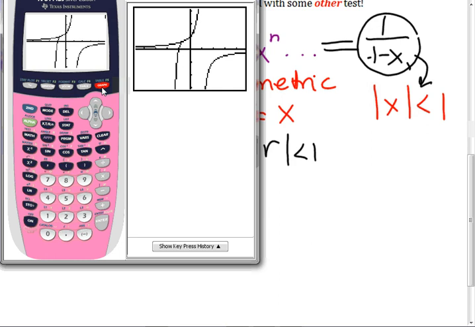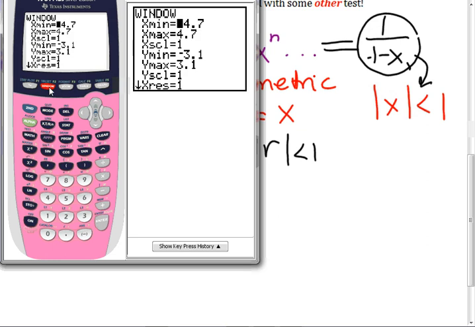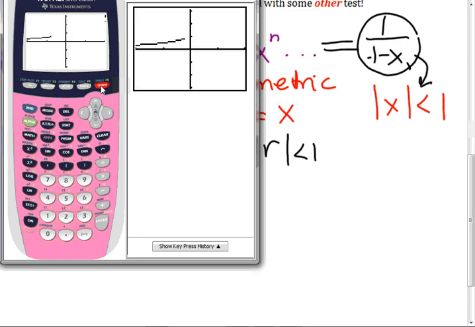If I change my window, oh, it's still thinking. Window. And I'm going to change it to negative 2 to 2, because I think that's easier to see. Just kind of zooming in on that. Okay, now you can see at negative 1, it does approximate that.